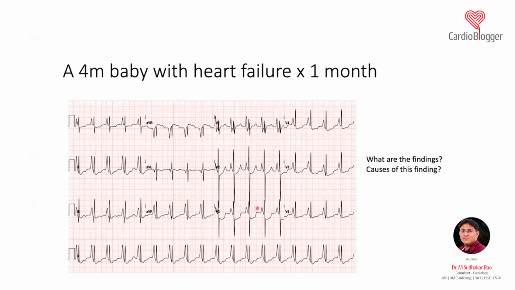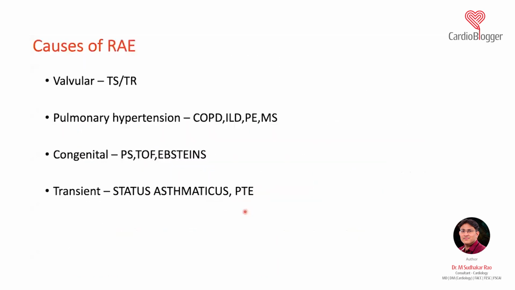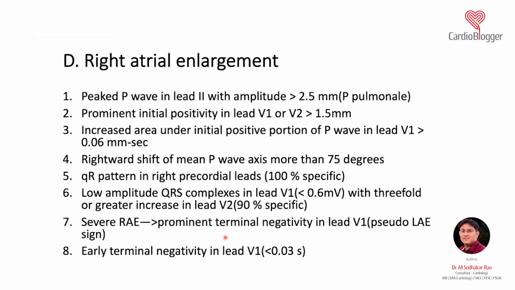So there is so much increase in QRS amplitude from lead V1 to V3. If there is a sudden increase in amplitude from V1 to V2, more than 3-fold, it suggests that there is a right atrial enlargement in the ECG. This is one way to differentiate a right atrial enlargement from the pseudo LAE sign. According to me, this was a true right atrial enlargement because there is a sudden increase in QRS voltage, not duration. Almost 3 times it has increased between V1 and V2.